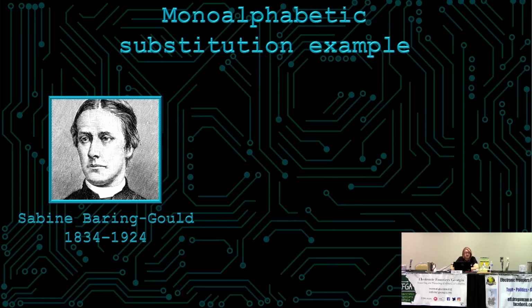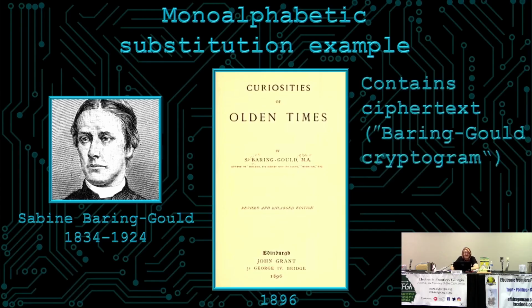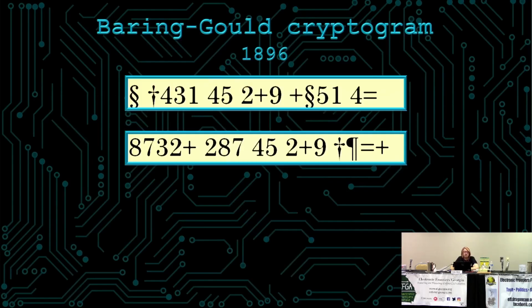So this is Sabine Baring-Gould, who wrote a book called Curiosities of Olden Times. And in this book, he put a cipher. Now, this wasn't one that he found. This is one that he created as an example. And this was the Baring-Gould cryptogram written in 1896.